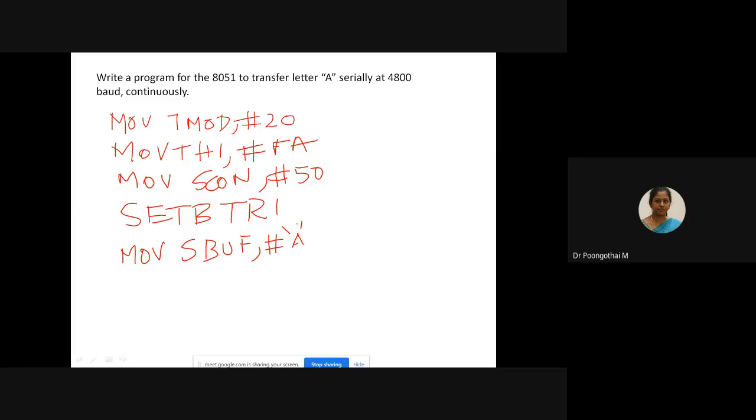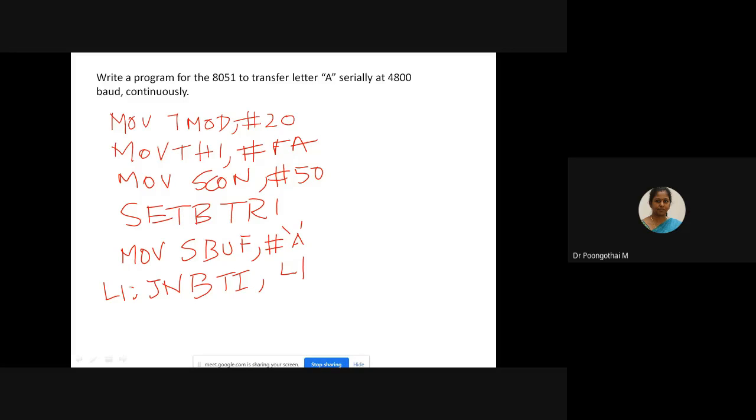After that, continuously monitor the transmit interrupt flag. When TI is equal to 0, keep on checking the TI status. If it is 1, that means your data byte is transferred completely.